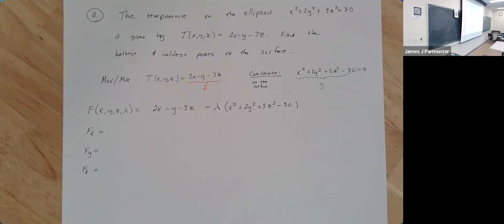Not quite 4x though, right? Because now you're differentiating with respect to y. The derivative of 2y squared is going to be 4y, right. And that's a 3z squared there. Right, cool, equals 0.